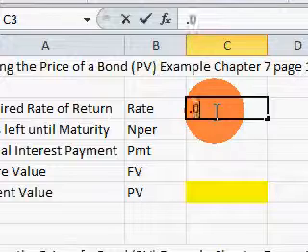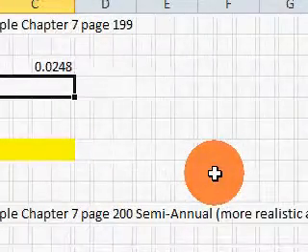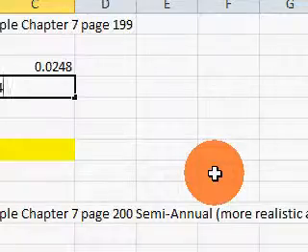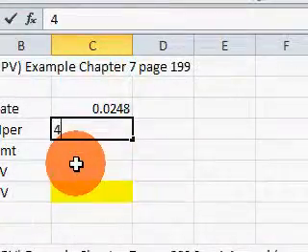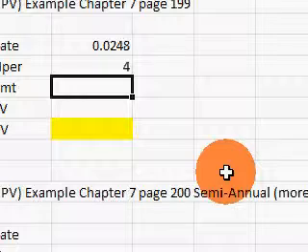And on this particular bond, it's a fairly low rate. We'll put in 0.0248. It has 4 years till maturity, and then the annual interest payment is based on the original interest rate paid on this bond. So at $45.50, and we can figure that out from the original coupon on this bond of 4.5%.